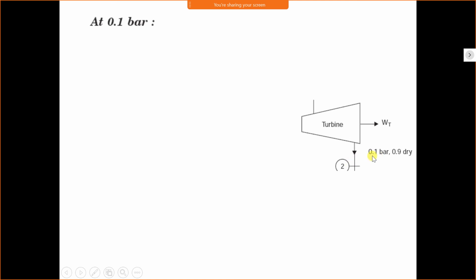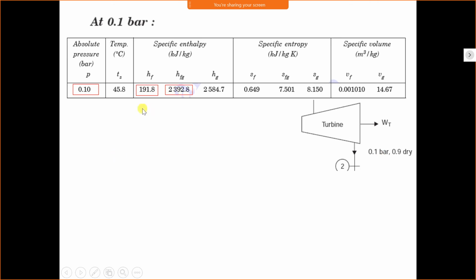Now the outlet condition of steam, that is the enthalpy of steam at point 2. Here the condition of steam is 0.1 bar and 0.9 dry. 0.9 dry means dryness fraction is 0.9, and dryness fraction is written as X. Since it is 0.9 dry, the steam is wet. Therefore from the steam table at 0.1 bar we will take the properties of steam.